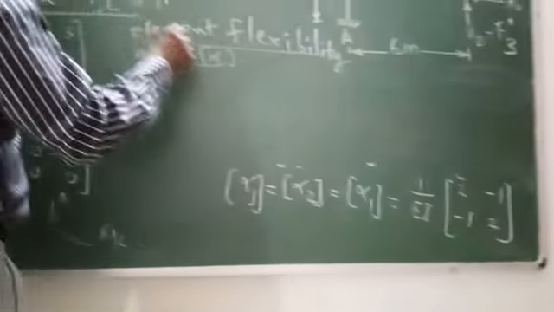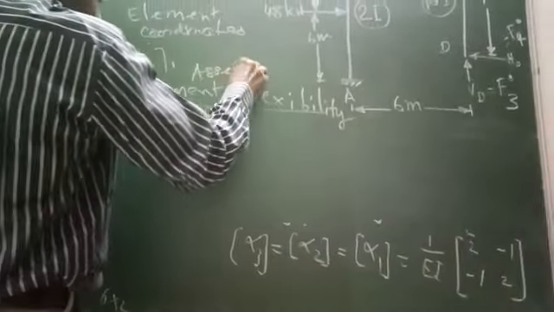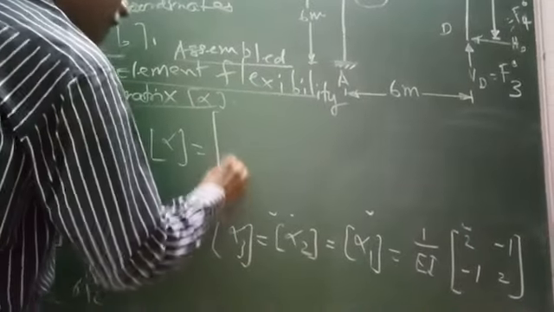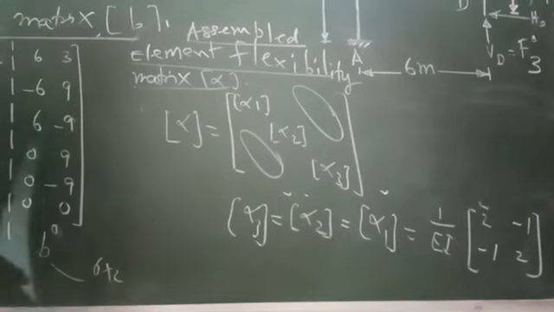Now, we will get the assembled element flexibility matrix alpha equal to alpha 1, alpha 2 along the leading diagonal, alpha 3. All other values will be zeros.